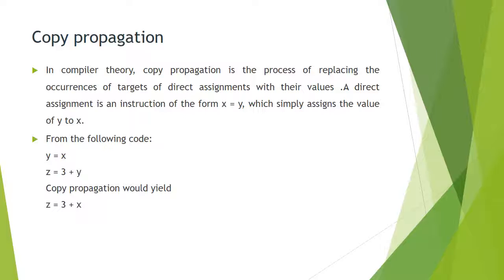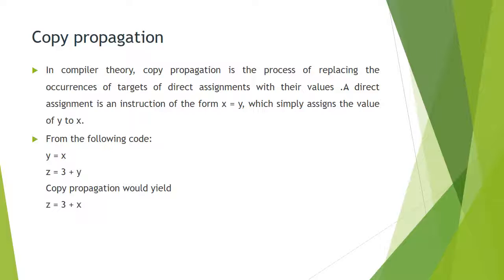So the next one is copy propagation. In compiler theory, copy propagation is the process of replacing the occurrences of targets of direct assignments with their values. A direct assignment is an instruction of the form x equal to y, which simply assigns the value of y to x.